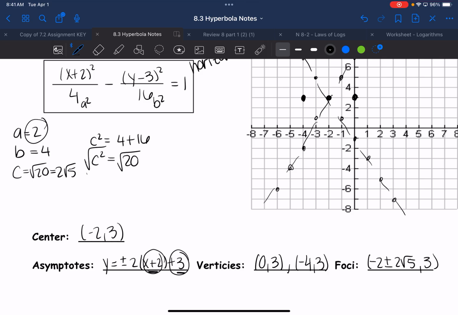All right, and then 20 would be in between the perfect squares of 16 and 25. So it'd be 4 point something, right? Around 4.5 is approximately what that would be. So from the center, I'm going to go over 4.5. And from the center, I'll go this way, 4.5.